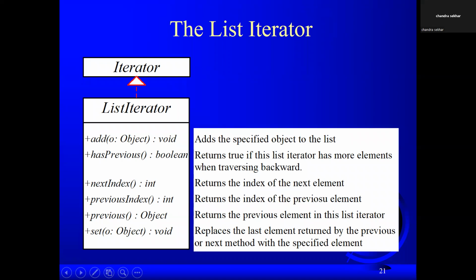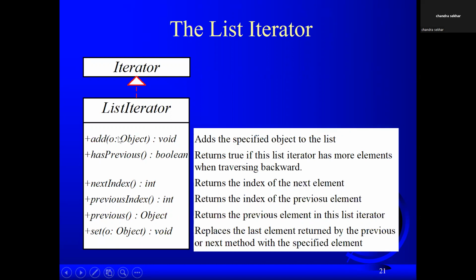So hasNext means whether the next element is there or not, and hasPrevious means whether a previous element is there or not. And then nextIndex and previousIndex. So next gives the current element, and previous gives it in the reverse order.